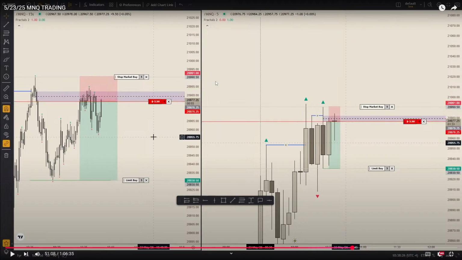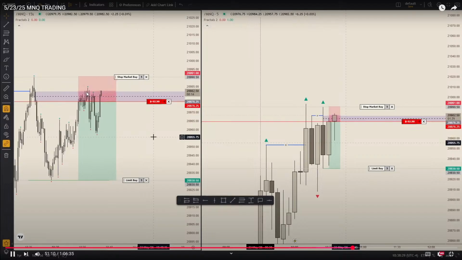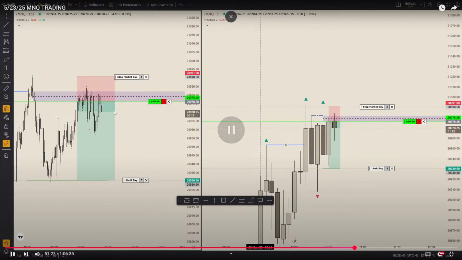Something that I had talked about in my last trade review as well is that the better entry seems to be putting my entry on the fill of the gap. Again, I didn't do it today because I was worried that I wasn't going to get filled, but to be truthful, it filled all the way.